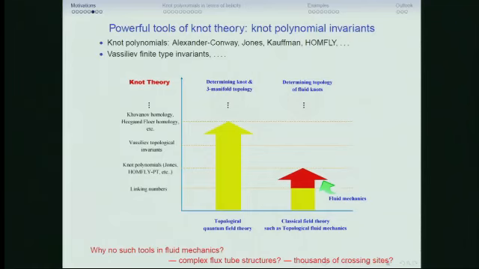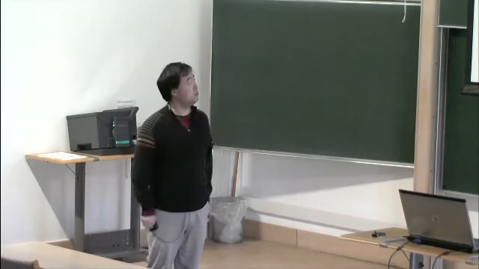So, fluid mechanics is a classical field theory. If fluid mechanics based on helicity is a classical Chern-Simons theory, then I can compare the classical Chern-Simons theory and the quantum Chern-Simons theory. Compare the two classes. Okay. Knot theory has provided many tools from simple to profound. That is, from linking numbers to polynomials, to Vassiliev invariants, to Khovanov homology, and so on.